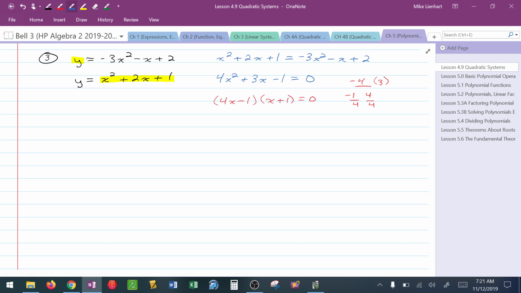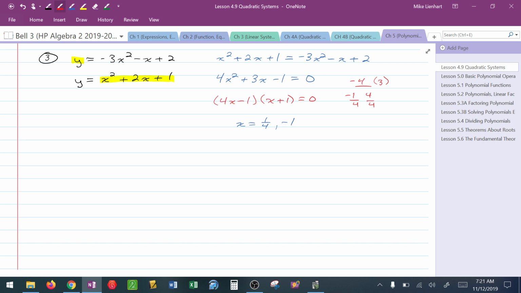Set each factor equal to 0. I get x is equal to 1/4 and -1. All right. So I know that my solutions have x's that are 1/4 and -1.